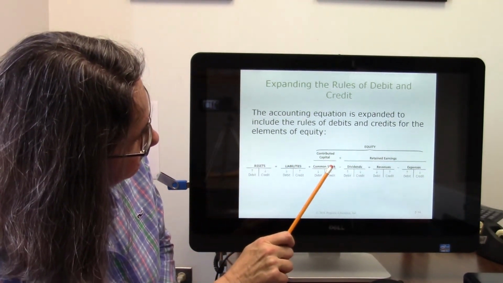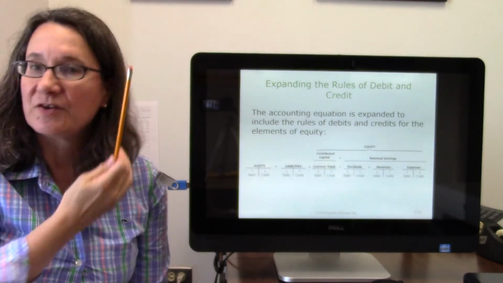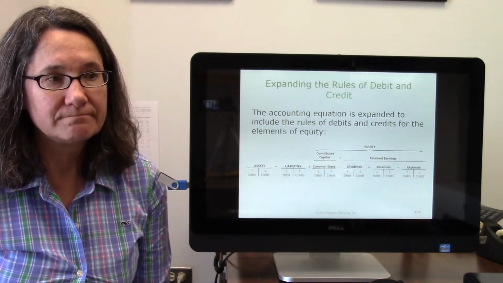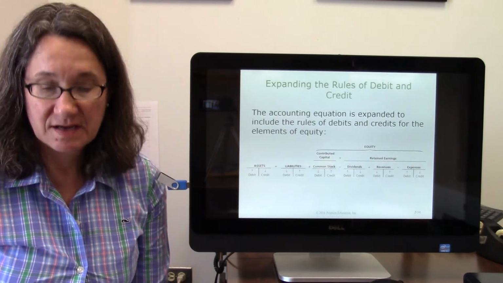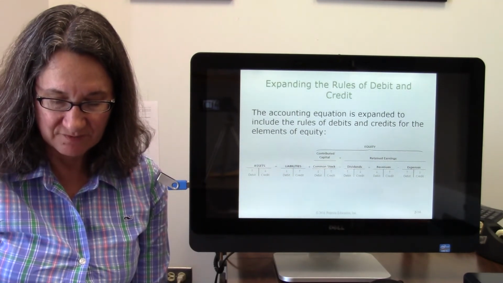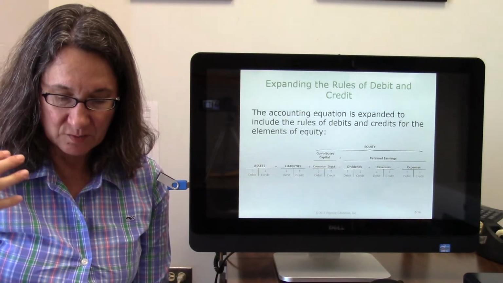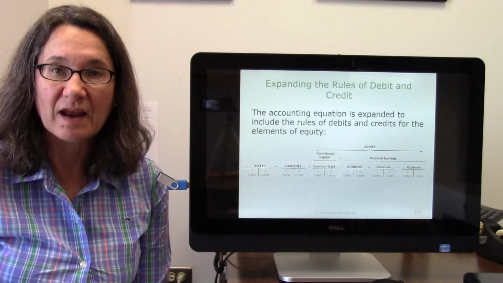Now, we have to think about equity in terms of how we increase and decrease it. And quite frankly, equity increases and decreases several ways. We have stock, we have dividends, we earn money, we pay expenses.